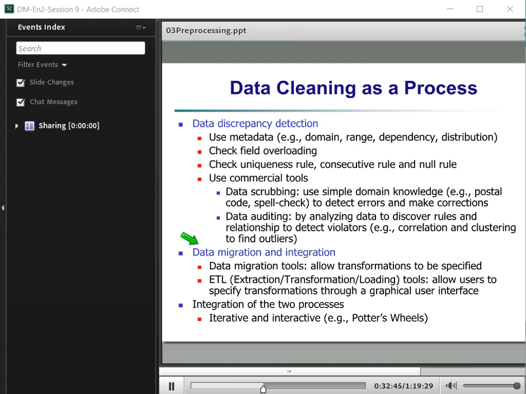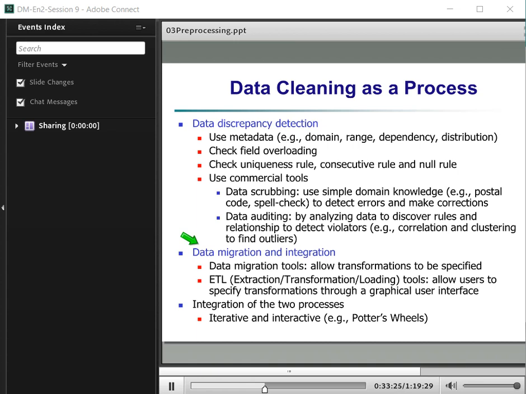Sometimes for data cleaning, we need to migrate data, changing data from one type to another type. Maybe we need to combine some data, integrate them. How can we do this? It's a cleaning process. You can use commercial tools, or you can do it by hand or by writing a program. I don't know.